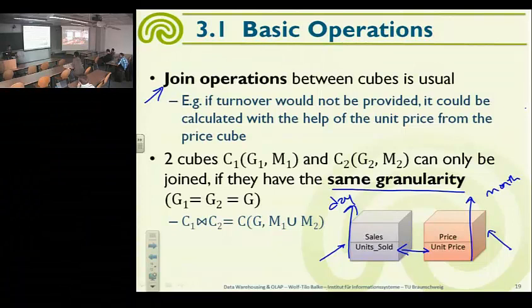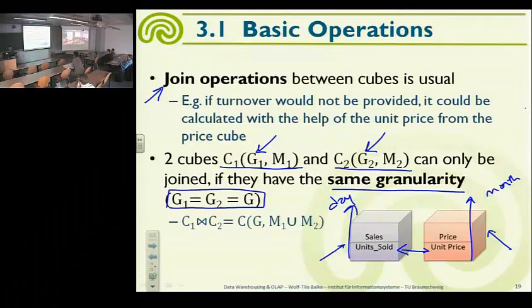So you always have to be careful about the join operation. You have to have the same granularities, otherwise it doesn't work and you don't get anything meaningful. So if you have two cubes, the granularities have to be the same.